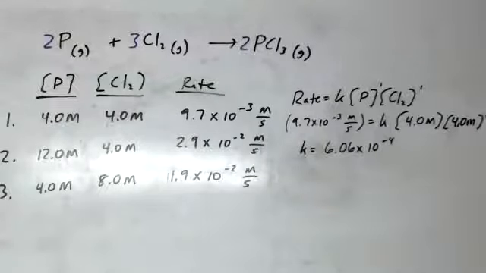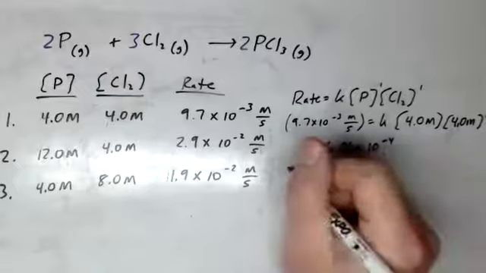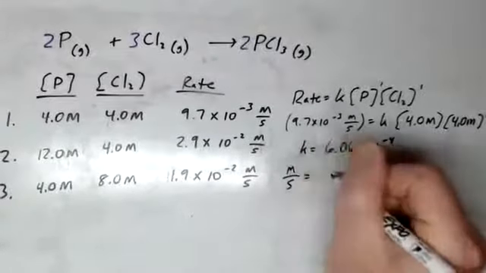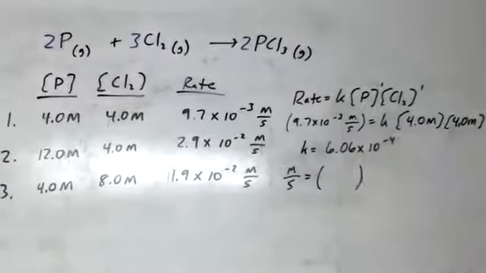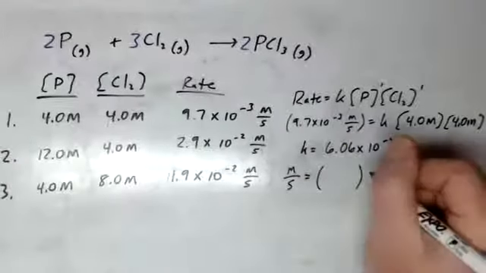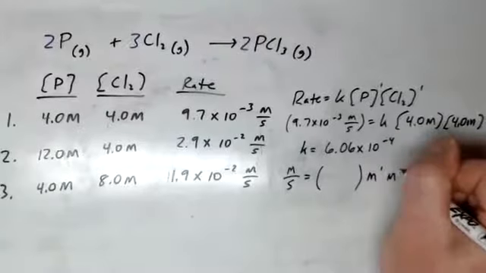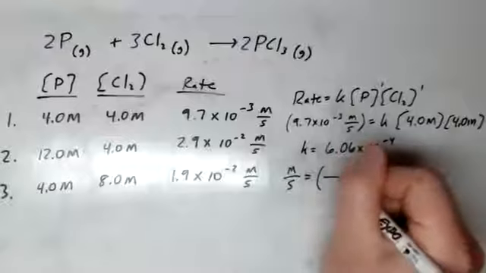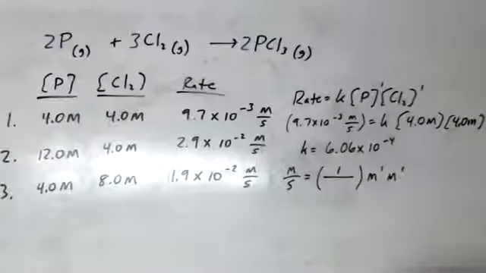What about units? Well, breaking this down again, we know our rate on the left has to be molarity per second. And there's our mystery units for K. And we have molarity to the first and molarity to the first out to the right. So K has to be a 1 in the numerator, an S in the denominator.